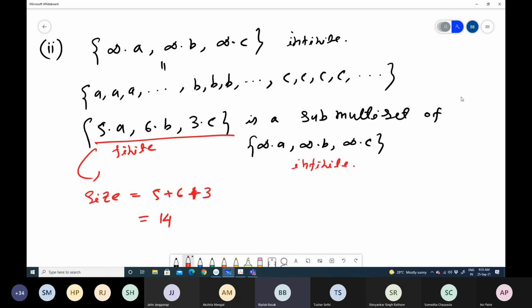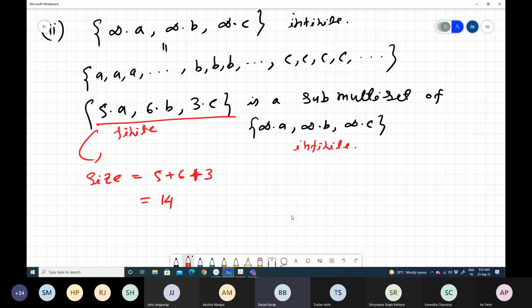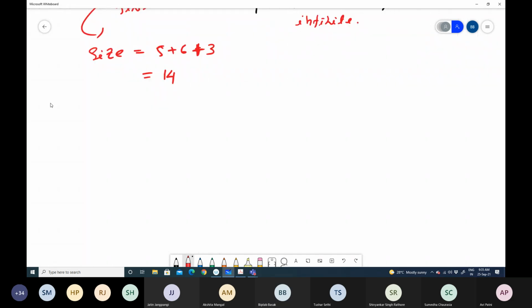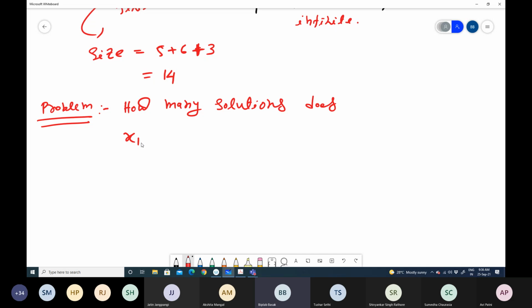Now why are we doing this? We will see one problem, then you will understand why. Suppose I ask you to find how many solutions the equation x1 plus x2 plus x3 plus x4 equals 20 has in non-negative integers.